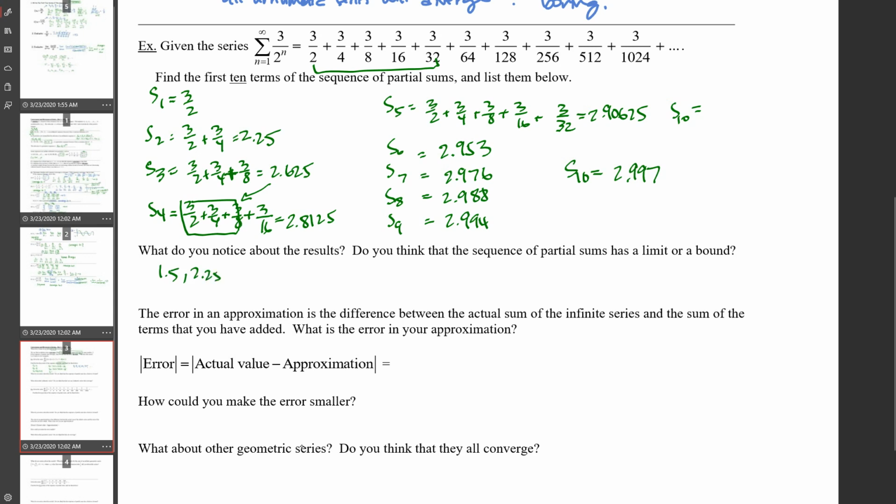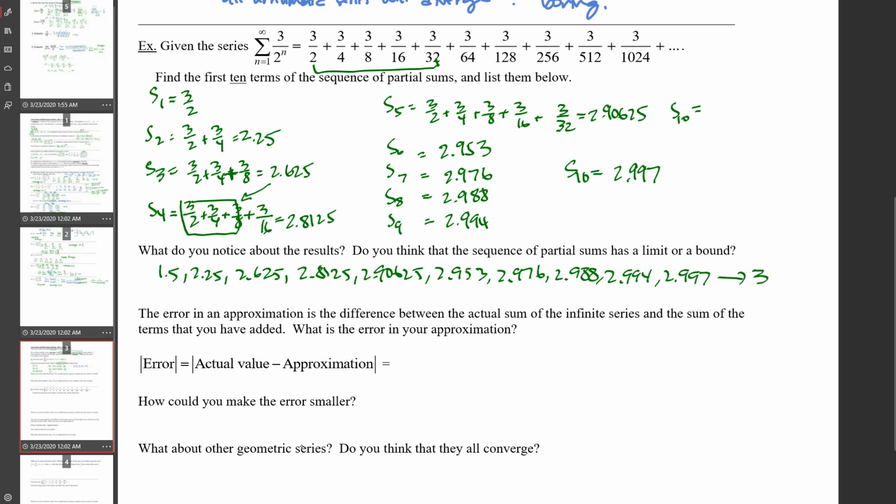1.5, then 2.25, then 2.625, 2.8125, 2.90625, 2.953, 2.976, 2.988, 2.994, and 2.997. What is this sequence of partial sums approaching?